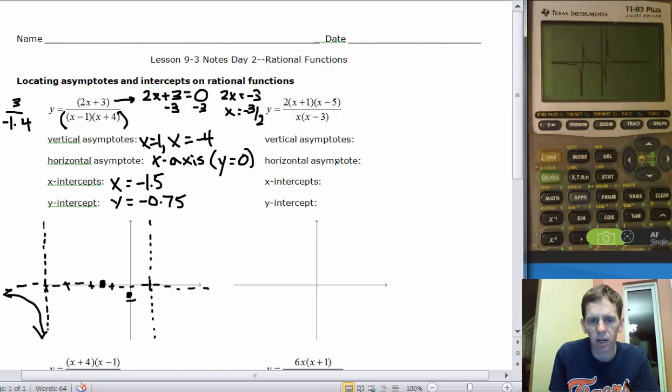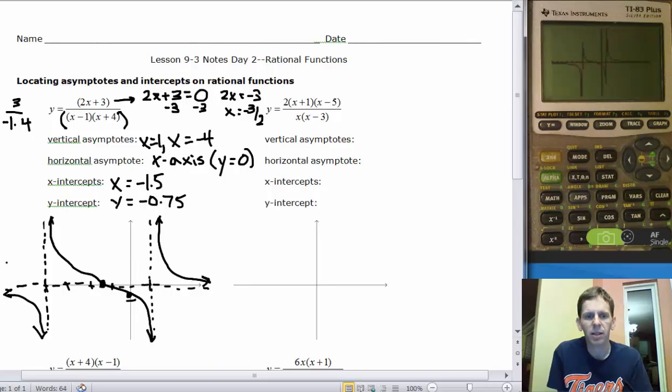We have a curve that starts up high along this asymptote, crosses our x-axis at -1.5, crosses the y-axis at -0.75, and veers down like this. Across the asymptote, it picks up here again, and then we'll veer off this way. And that's our graph for our first function.